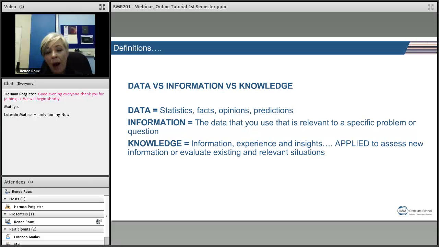So now I also apply those insights and experience to the information that I have and to assess the whole situation. So I hope that explains to you guys the difference between data, information, and knowledge.